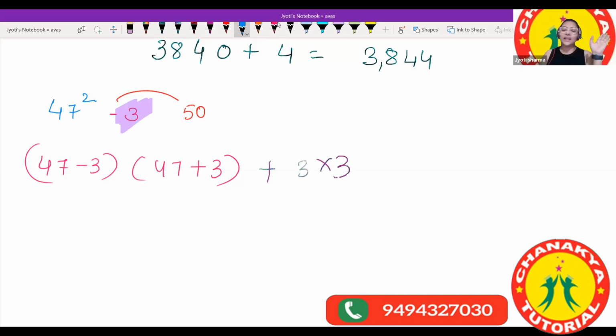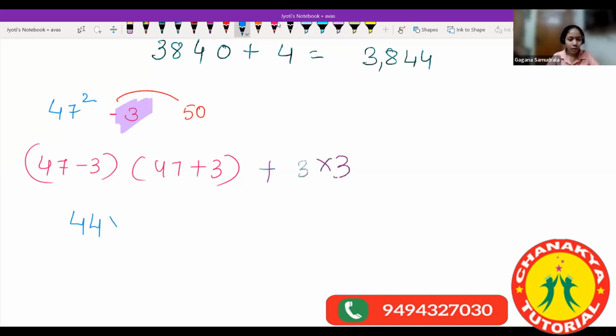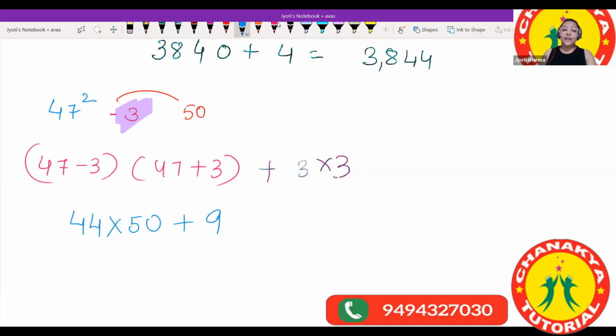Here we will be adding. Same process in every type, we are going to add. Now 47 minus 3, 44, multiplied by 50 plus 9. Okay, now multiply 44 by 5. 2200. Ma'am, 2209. 2200 plus 9. How simple, 2209, you got it.